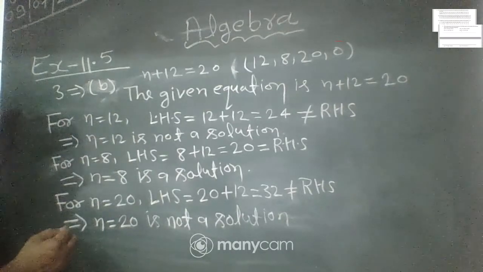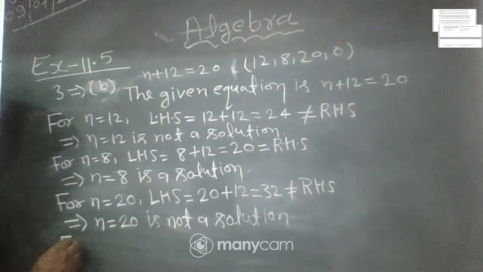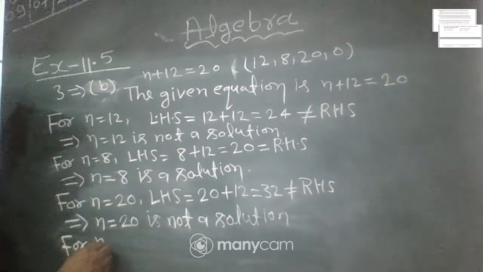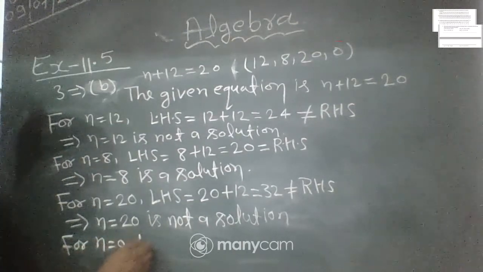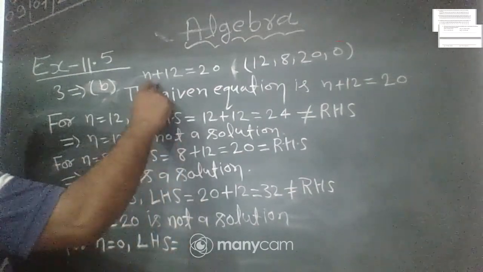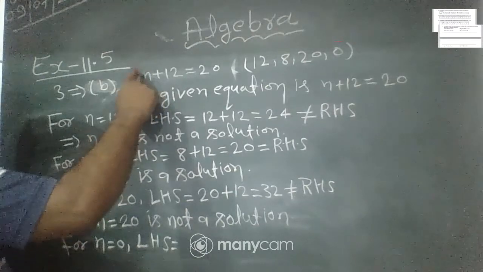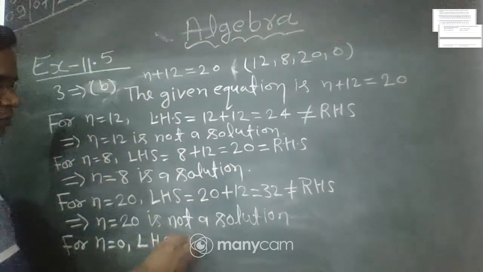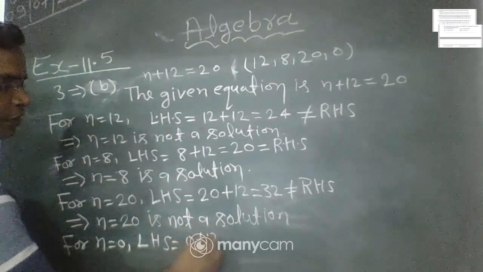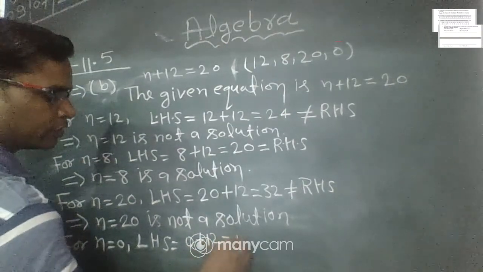So let's see, for n is equal to 0, the left hand side is n plus 12. In place of n we write 0, so it becomes 0 plus 12, which is equal to 12.